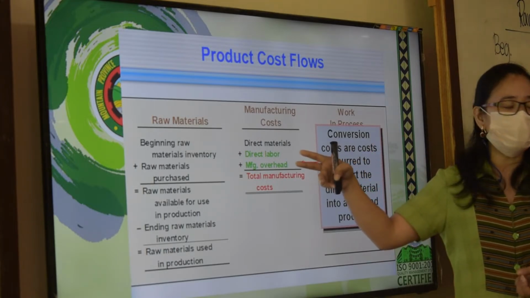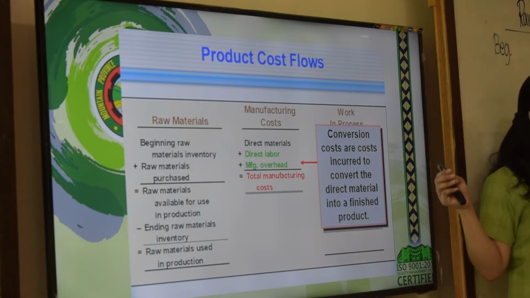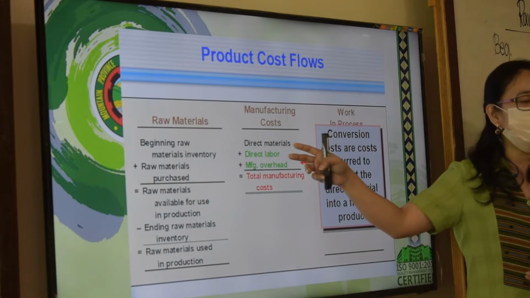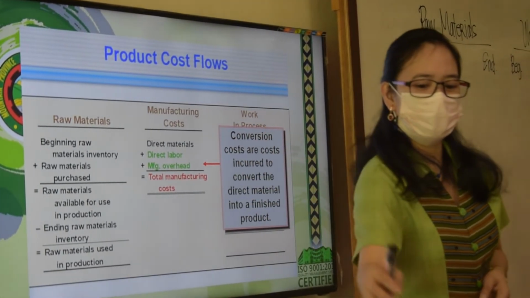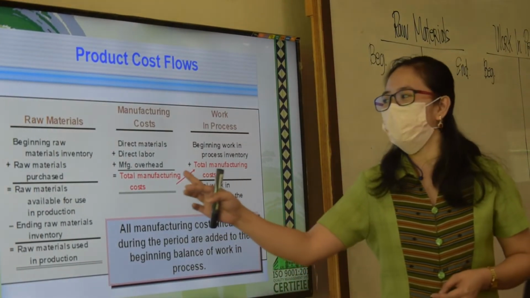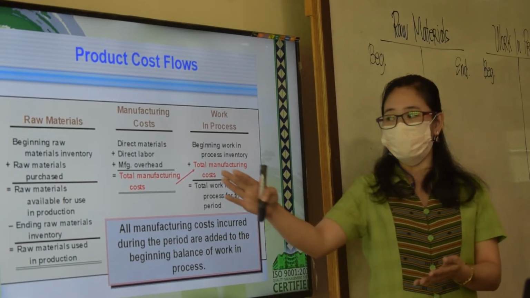Okay, that's the total manufacturing cost. And the sum of the two, direct labor and manufacturing overhead, is what we call conversion costs. The sum of the direct materials and the direct labor, we call prime cost. Well done. Okay, so now we proceed with the total manufacturing cost from the cost flow.